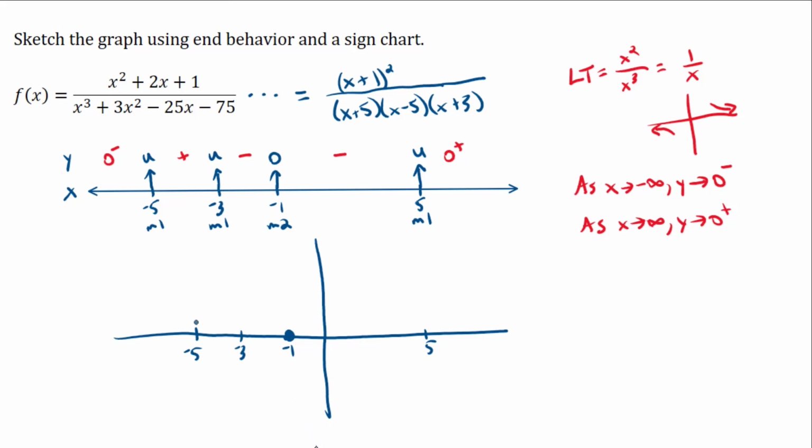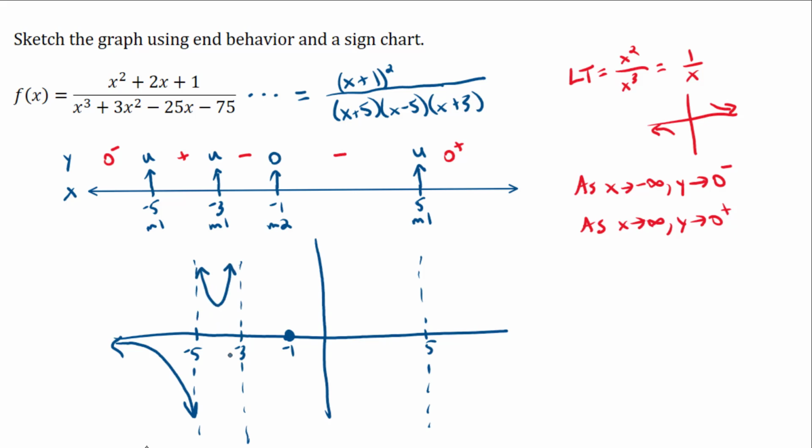-1 is an x-intercept. All the others are vertical asymptotes at x equals -5, -3, and +5. When I'm to the left of -5, I have to get close to 0 from the negative side. And as I move right, I have to get close to my vertical asymptote. So I've got to do this. Between -5 and -3, I have to be above the x-axis and approach both asymptotes.